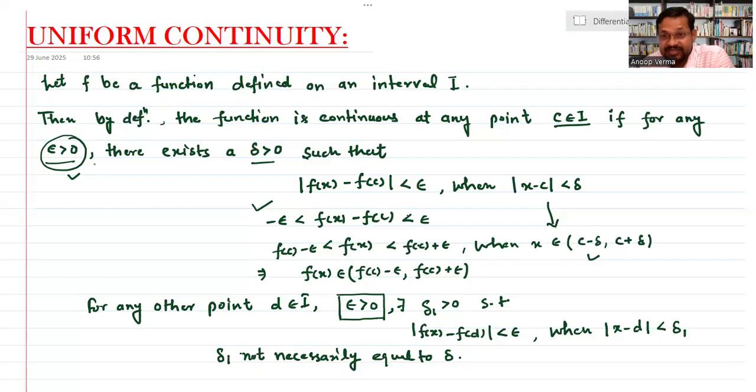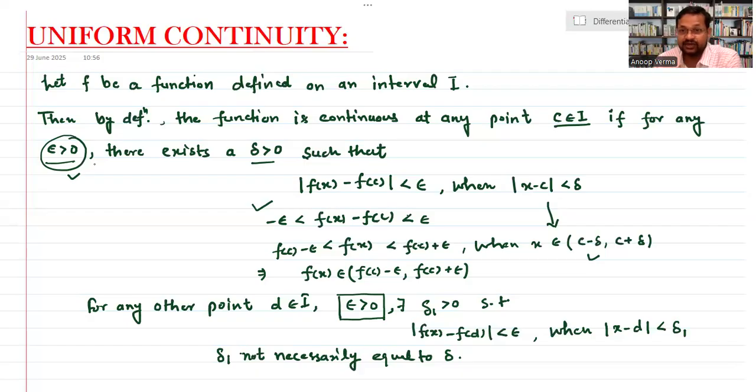If there is a function which is continuous, and if we choose an epsilon and for every point we get the same delta, we have the same delta for every point, then we can say that the function is uniformly continuous throughout the interval. So this is a basic difference.